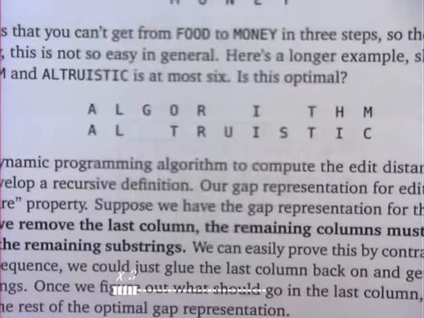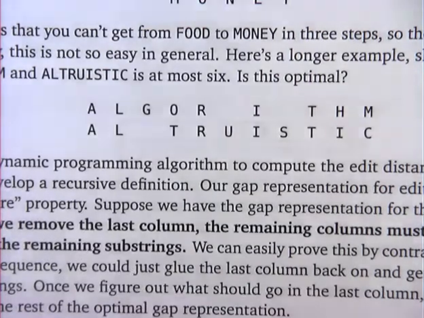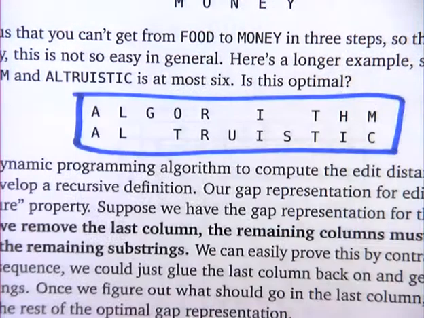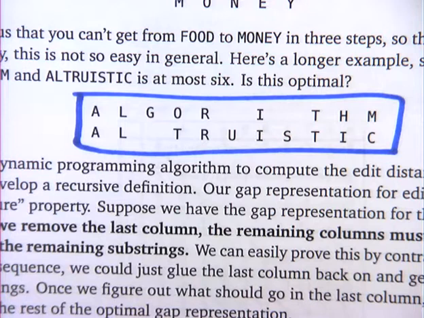Another way of thinking about this is I want to produce this sort of two-dimensional thing out of two strings, in this case, algorithm and altruistic, where the way I fill in each column tells me something about how I would transform the string at the top row into the string in the bottom row.